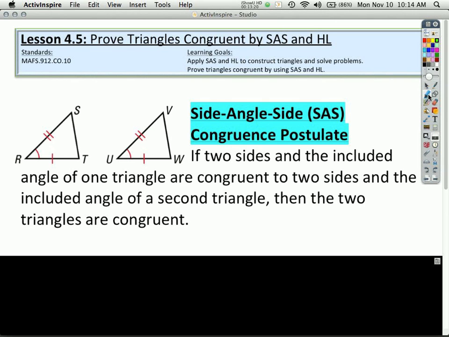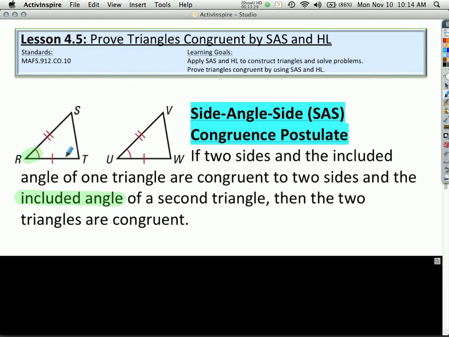The only detail to pay extra close attention to is this idea of the included angle, which means that the angle must be the angle that's connecting the two congruent sides.